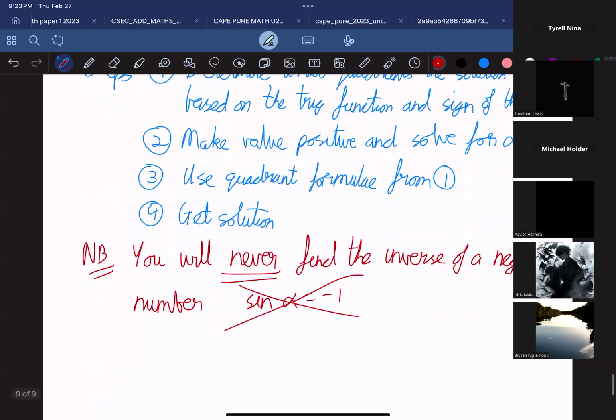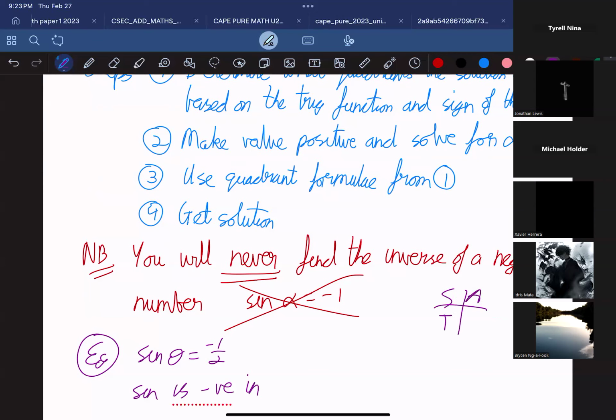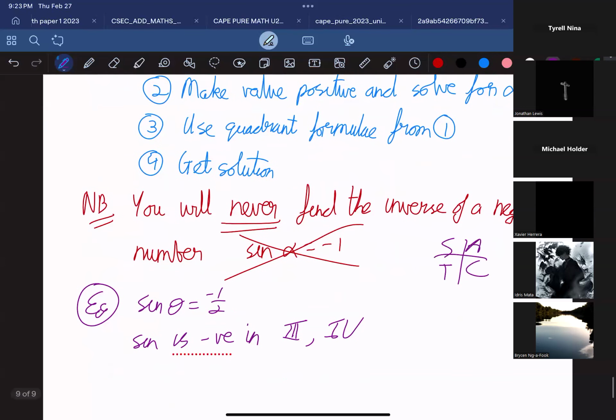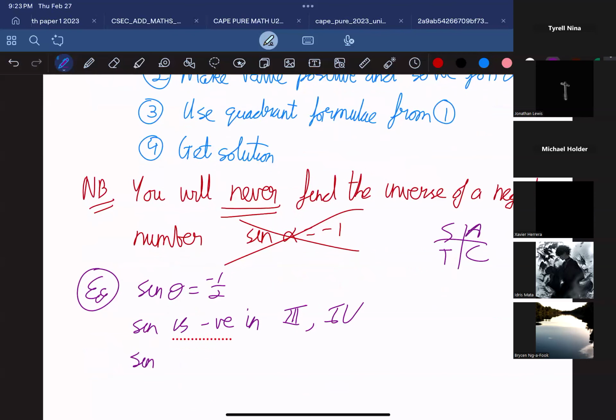So example, sine theta equals -1/2. Sine is negative in, so I'll draw my ASTC, in quadrant 3 and 4. So now I've put sine alpha is equal to 1/2, right?